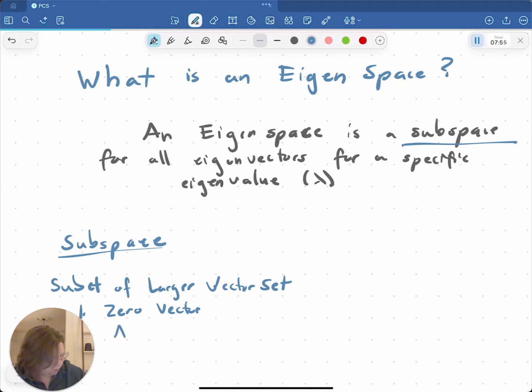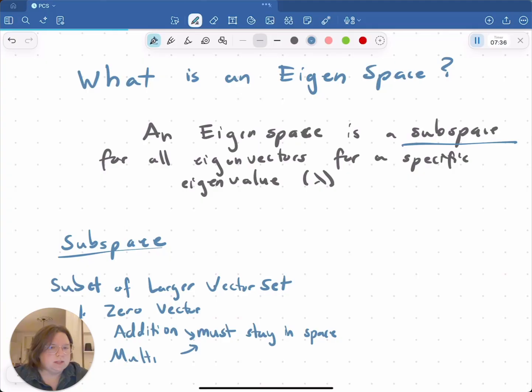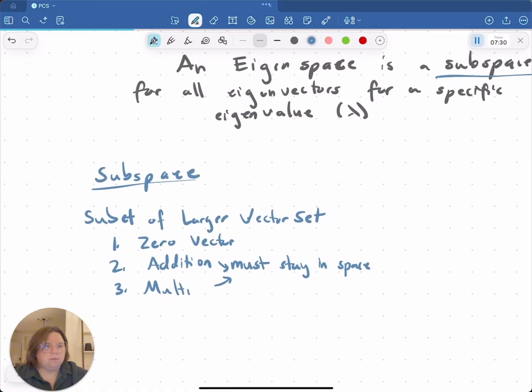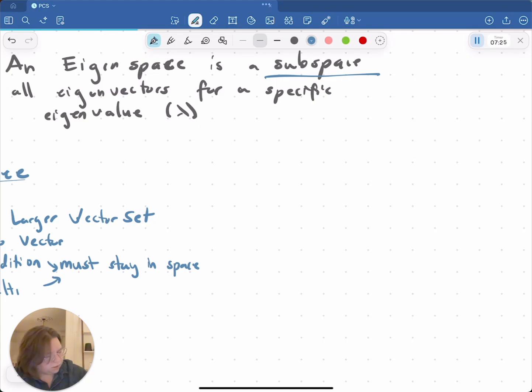Two, addition of two vectors within that space must stay in that space, in that subspace. And three, multiplication of those vectors must also stay within that subspace. Now, that sounds a little weird, but you're actually more familiar with this than you might think.